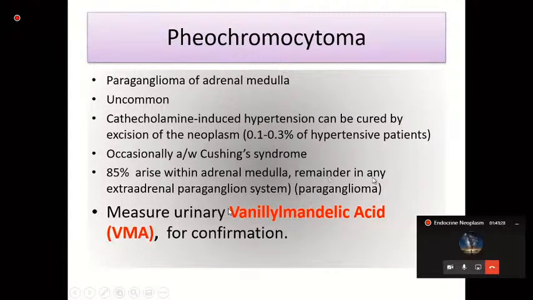We call that paraganglioma. The important thing is how to diagnose pheochromocytoma: we measure urinary vanillylmandelic acid, VMA, for confirmation.